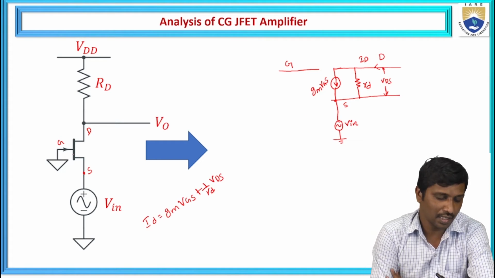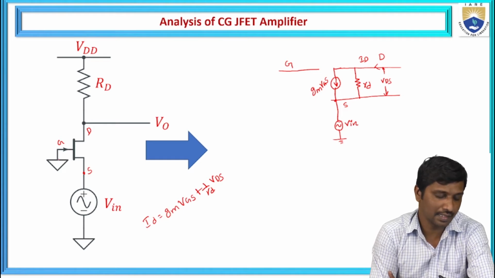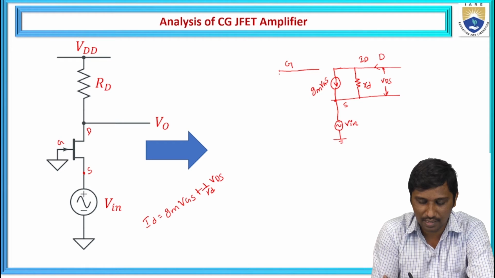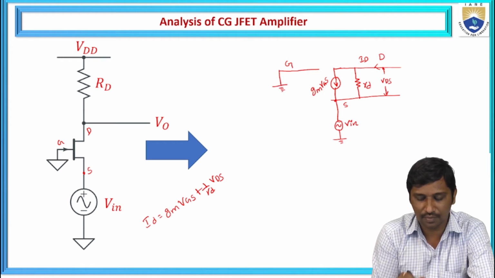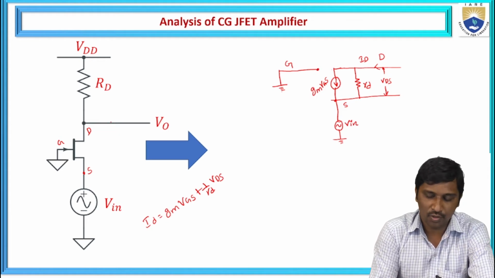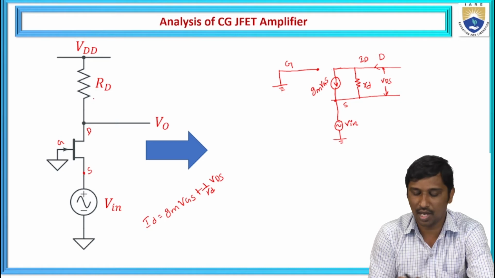Similarly, if you observe the gate terminal in the circuit representation, the gate is connected to lower potential, that is nothing but a ground potential. Hence, the gate is connected with ground potential. And coming to the output side, we need to measure the output across the drain, while considering the load resistance, that is RD.